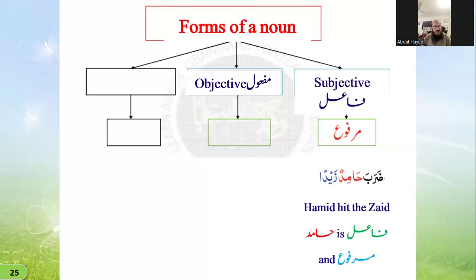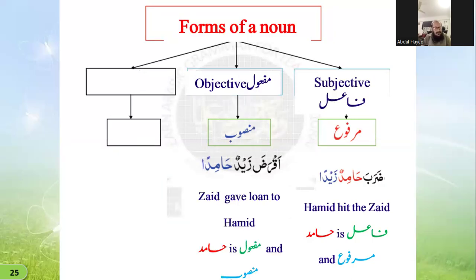Maf'ul is called the objective when it has a nas or fatah or double fatah on it. And the word is called mansoob. Just like akrada zaidun hamida. Zaid gave the loan to Hamid. So Hamid is the affected one who's getting the loan.